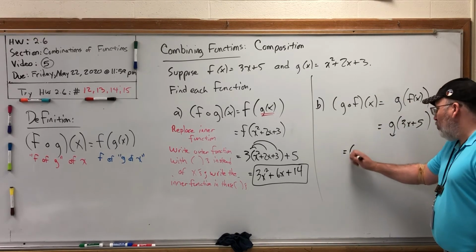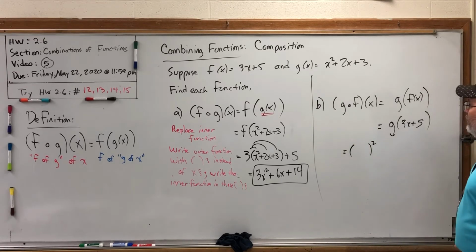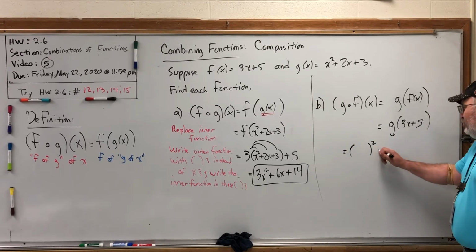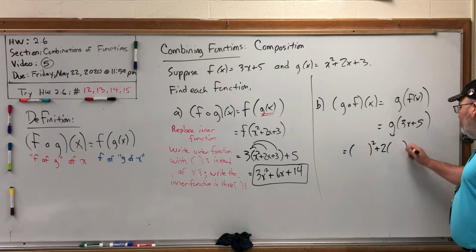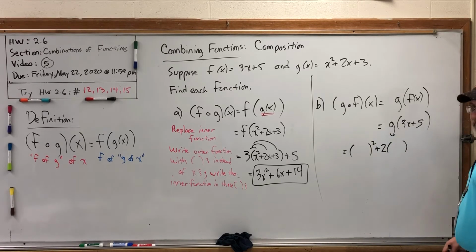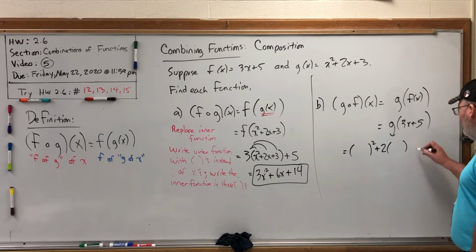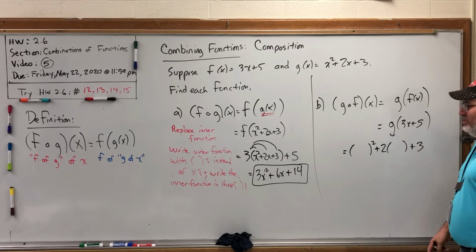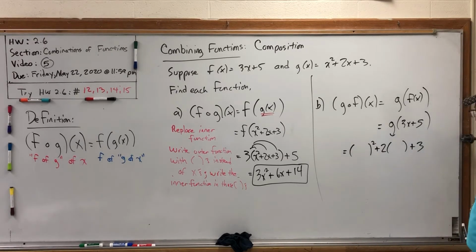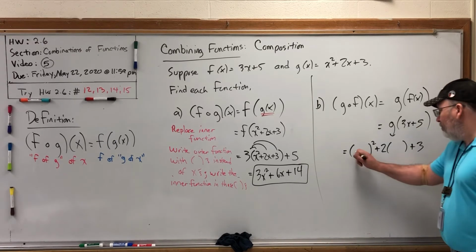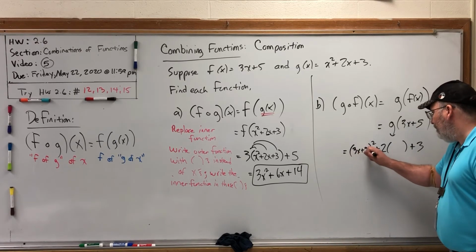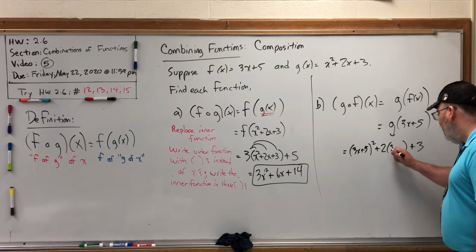So instead of x squared, parentheses squared, instead of plus 2x, plus 2 parentheses, and the plus 3 had no x to change to parentheses. And then fill in the parentheses with the inner function, 3x plus 5.